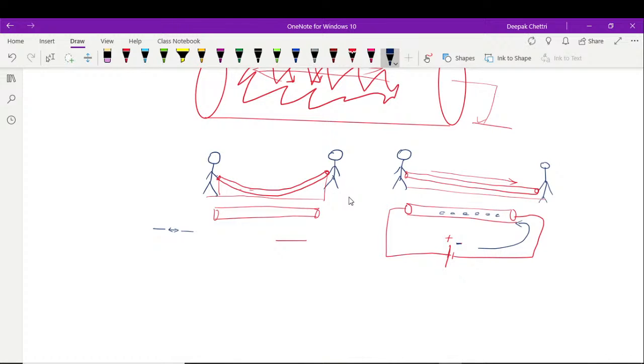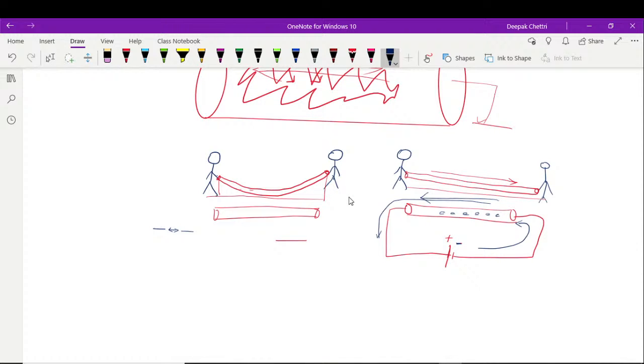This negative potential pushes the electron because of repulsion, and the electrons are forced to go in this direction. Also, the positive attracts the electron, so it gets help from that too. The negative pushes the electron, the positive pulls the electron. So you get a direction in which the electron will move, and that is the movement that we want.